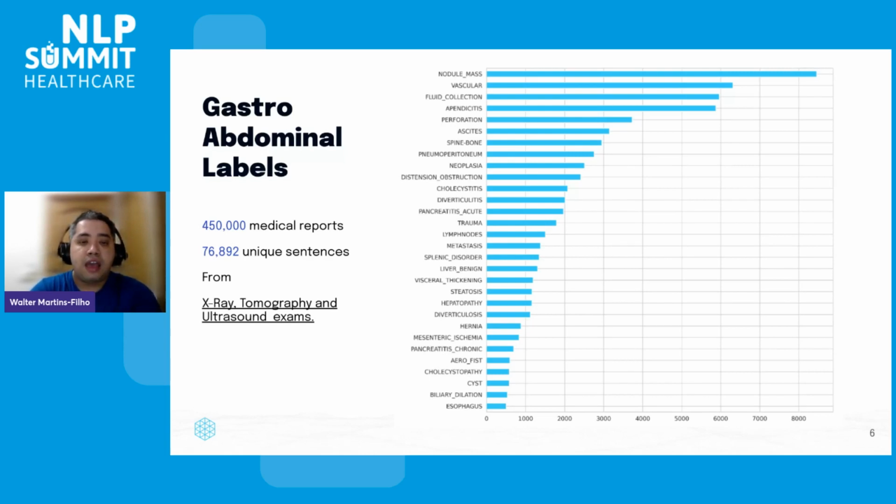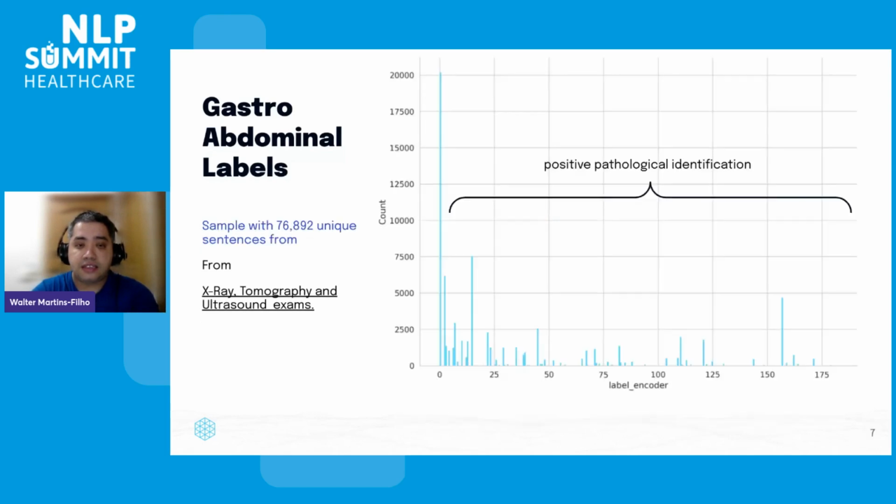When we compare it with problems like a cyst, which is very small compared with another mass that is very large, we have a more extensive data set for that problem. So the problem of my data set is that it is relatively unbalanced.